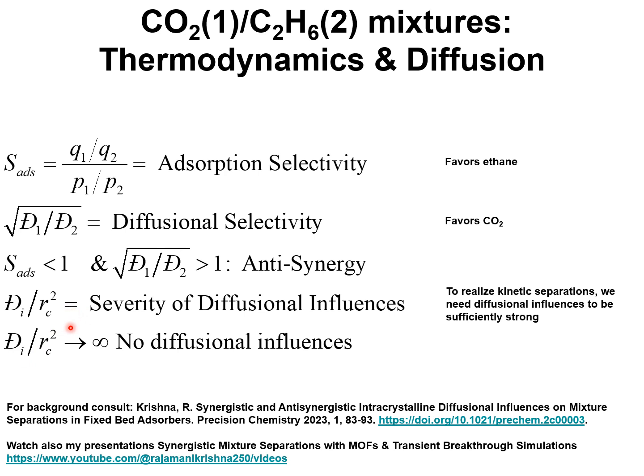If this value is very large, there are no diffusional influences and it is impossible to achieve kinetic separations. So in order for kinetic separations to be realized, we need to have a high degree of diffusional influences, and this is achieved by choosing crystallite sizes that are relatively large.